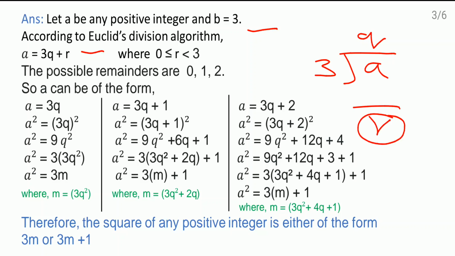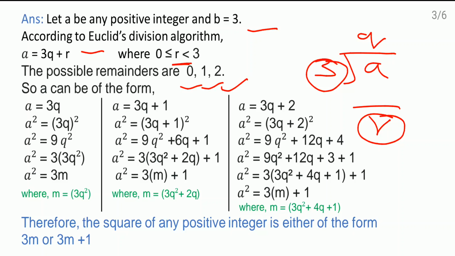Our remainder may be 0 or may be greater than 0, but it should be less than 3. Okay, so therefore the possible remainders are what? Either it is 0, maybe 1, maybe 2. Correct? Our r. See, r 0 possible, 1 is also possible, 2 is also possible, but 3 is not possible because our r is smaller than 3.